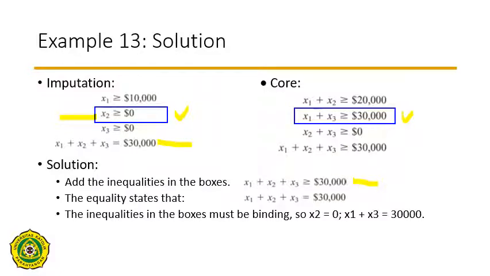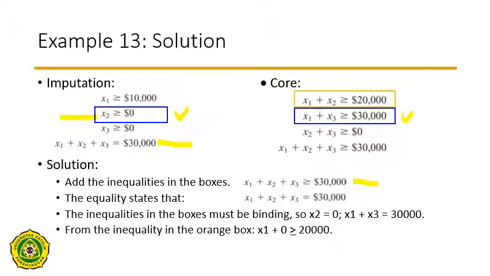But if x2 is 0, and we look at this constraint in the orange box here, now we have x1 greater than or equal to $20,000. So now with x1 greater than or equal to 20,000, x1 and x3 exactly equal 30,000.